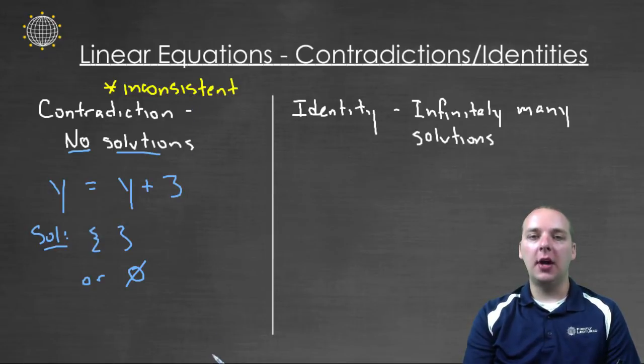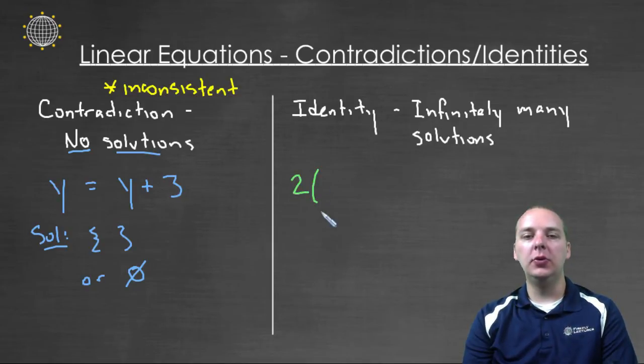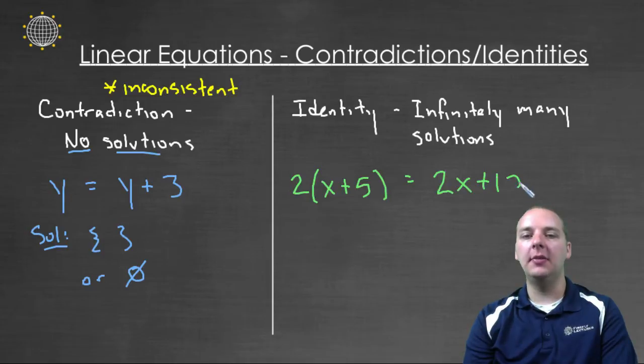Another common situation that you might run into is something called an identity. An identity, on the other hand, has infinitely many solutions. For example, if you had the equation 2 times the quantity x plus 5 equals 2x plus 10.